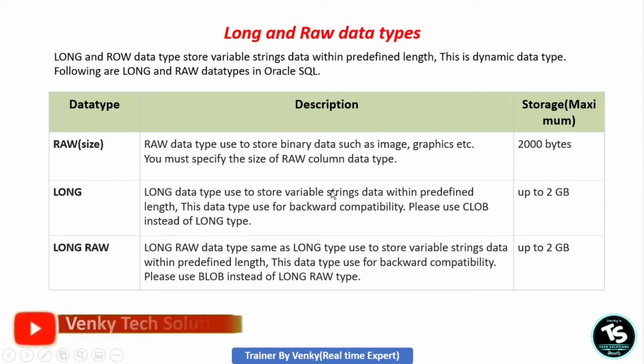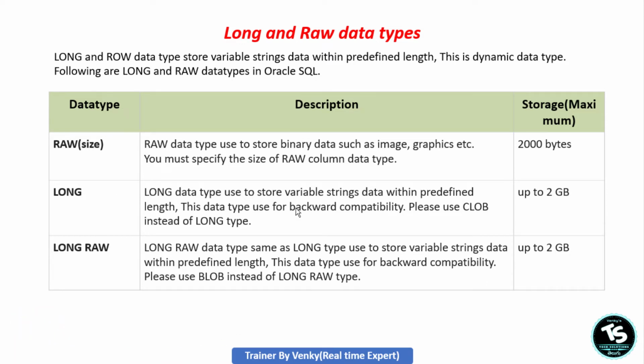So next, what is LONG? LONG data type is used to store variable string data within a predefined length. That length is 2 GB. Variable string data means we can use the LONG data type to insert character data into a table, I mean into a column, into the database.